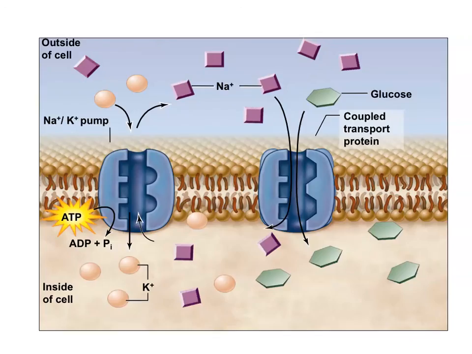This glucose can be moved against a concentration gradient because the diffusion of sodium and glucose is coupled, so as long as the concentration of both together is greater on the outside of the cell compared to the inside of the cell, then they will both diffuse in. In this way, the cell is using chemical energy from ATP indirectly to bring glucose, an important nutrient, into the cell.